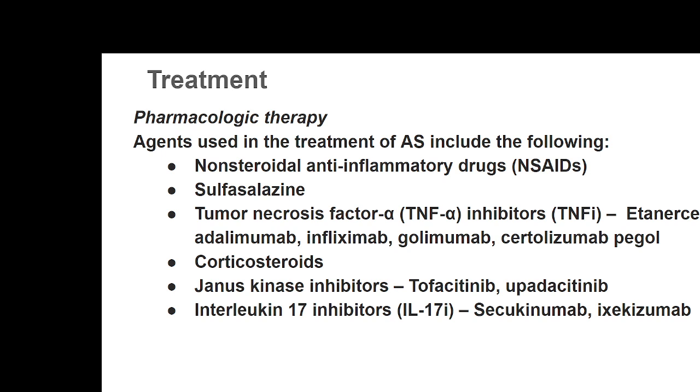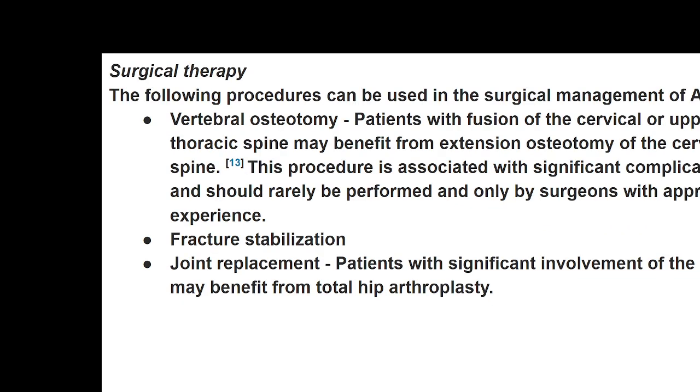Then Janus kinase inhibitors, newer generation, very recently introduced drugs like tofacitinib or upadacitinib, are now rarely being prescribed, which are again quite costly and toxic also. Then interleukin 17 inhibitors like secukinumab are also now being prescribed. These are the new generation drugs, which are claimed to be very beneficial, but they are also quite toxic.